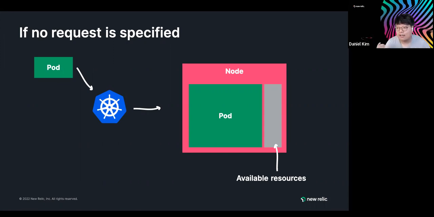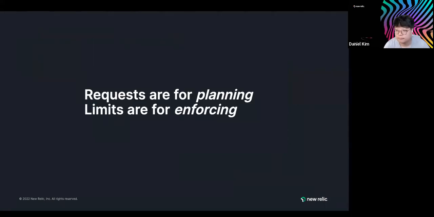Let's say a particular node already has multiple pods with multiple containers running in it that are taking up 95% of the available resources. Your pod, even if it needs 10, 15% of the entire node's resources, will only be able to access the remaining amount, which means that your pod will probably die or not run correctly. So this is why it's really important to specify requests for all of your pods.